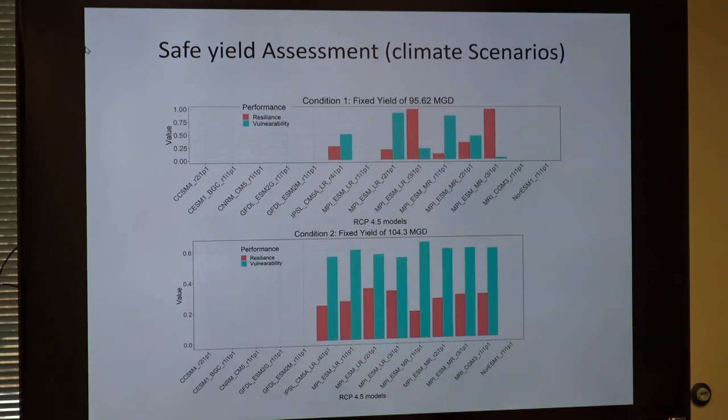CMIP3, the earlier climate change models, had 140 global climate models, which had a lot of uncertainty. With CMIP5, the most recent product, they clarified a lot of uncertainties, and so they ended up having only 41 models. And out of those 41 models, we did not intend to use all of them.